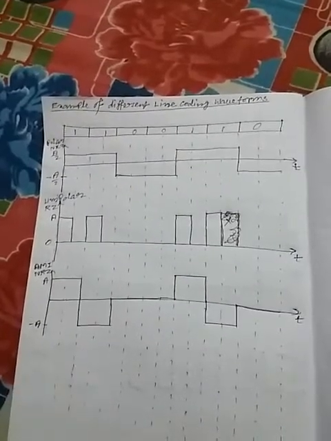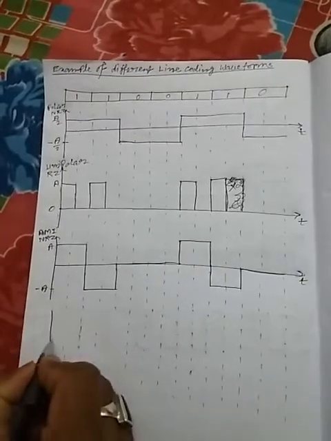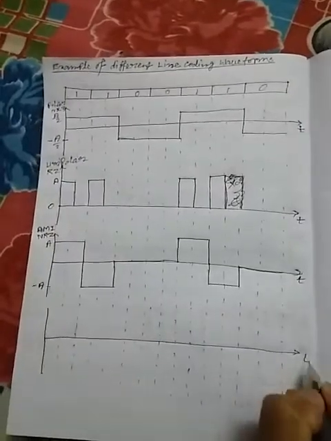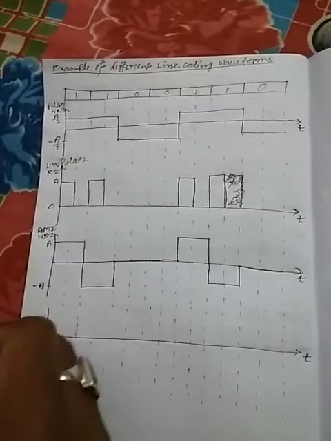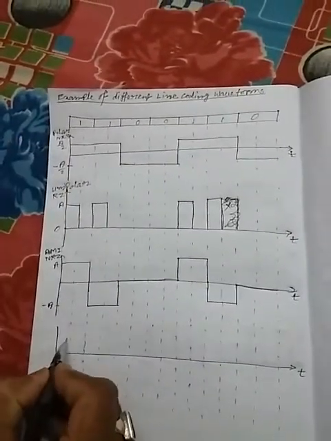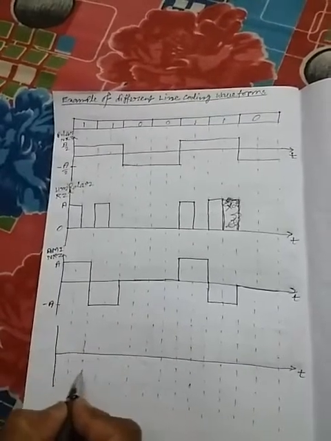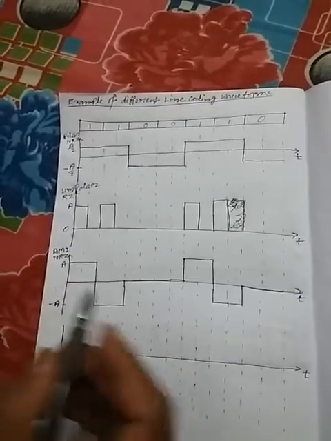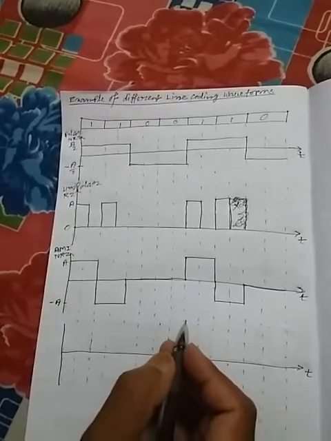Now Manchester format. This is the time axis. In the Manchester format, when the bit is 1, it starts from the positive peak, that is A by 2, and goes in the second half of the bit to the negative peak, that is minus A by 2. For 0, it starts from minus A by 2 and goes up to plus A by 2.